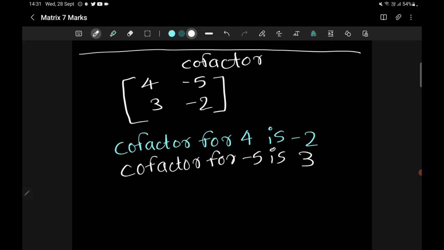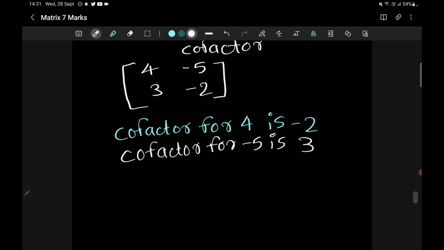Therefore the cofactor for 3 is, if you draw one horizontal and vertical line from 3, we will get minus 5, and the cofactor for minus 2 is 4.